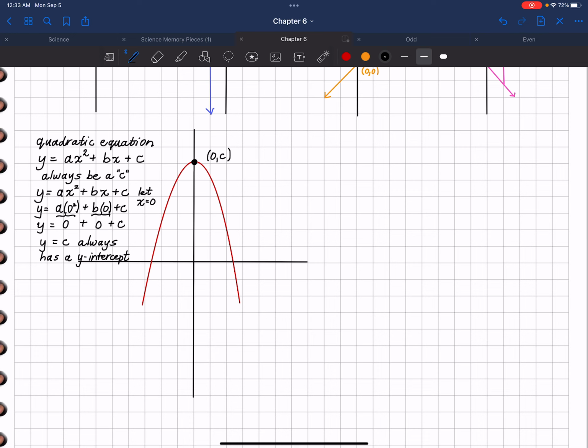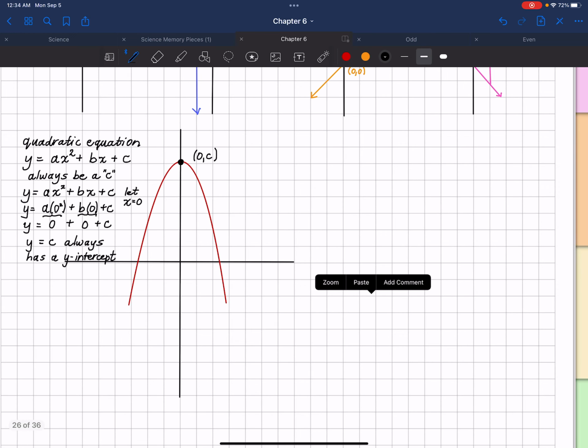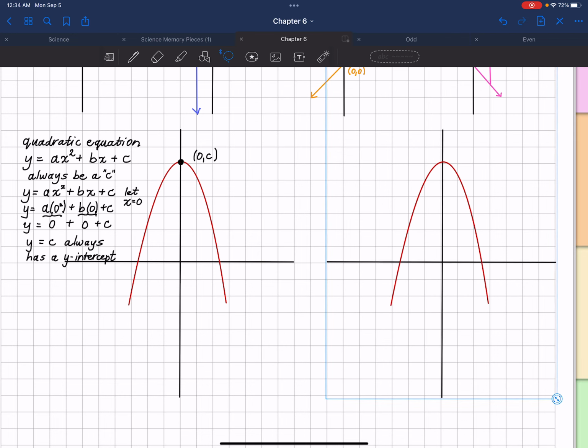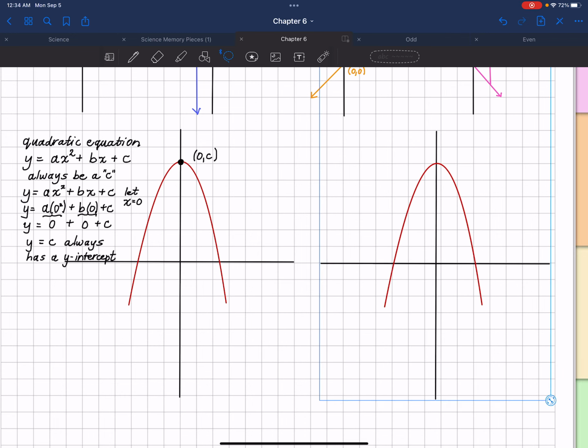Okay? So we know that it will always have a y-intercept. One y-intercept. But we need to figure out how many x-intercepts it could have. So with that in mind, let's take a look at this graph again.